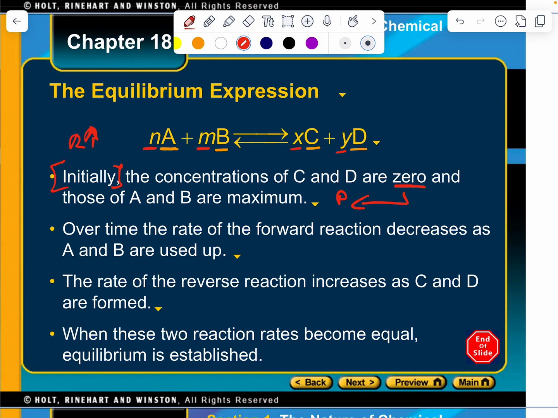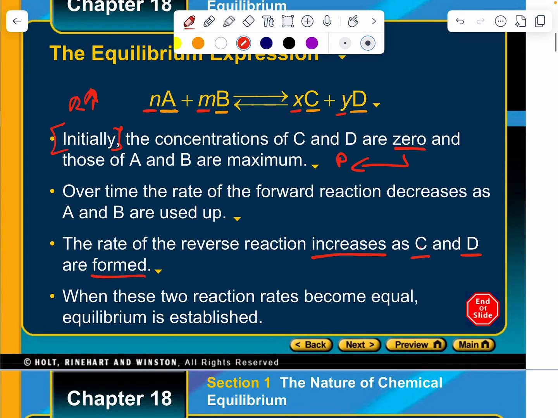As A and B are used up, the rate of the forward reaction will decrease. And in contrast, the rate of the reverse reaction will increase as C and D are formed.